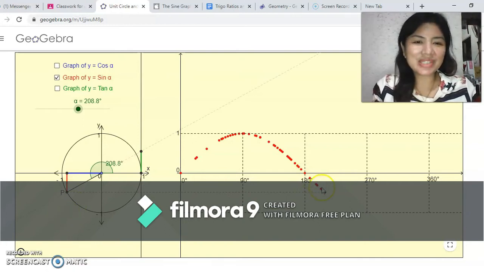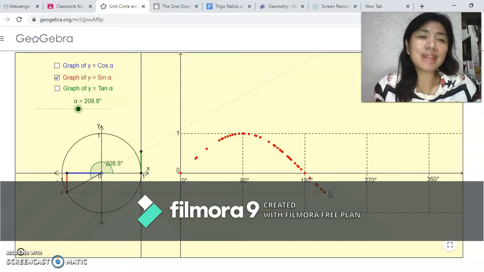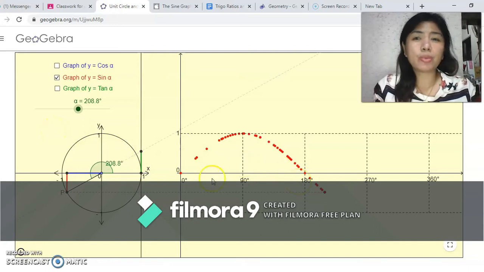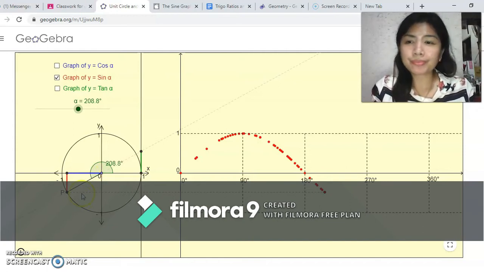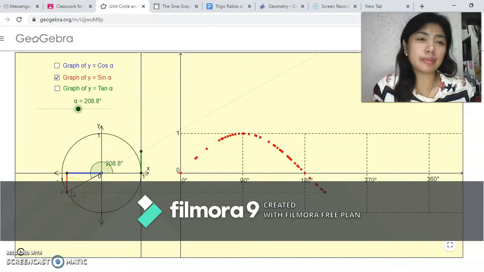So you can see here that the value of the sine ratio is negative because y is negative and r is positive, the hypotenuse. So you have a negative value.